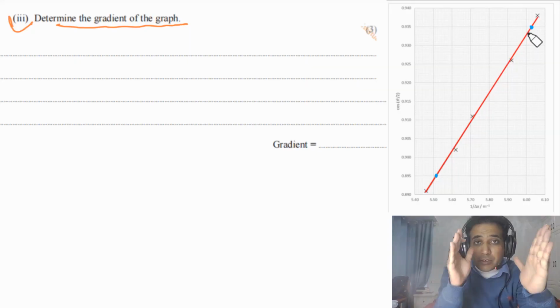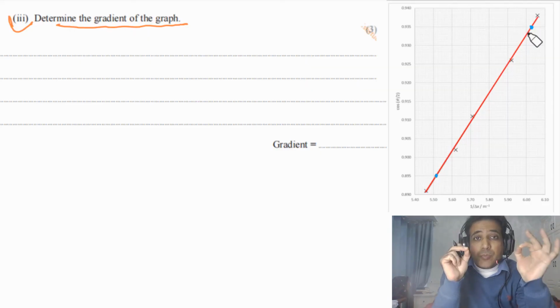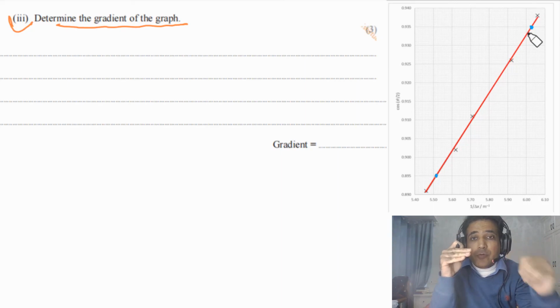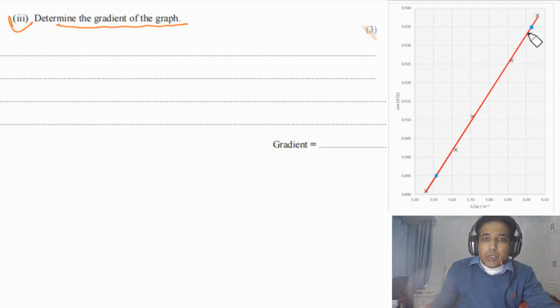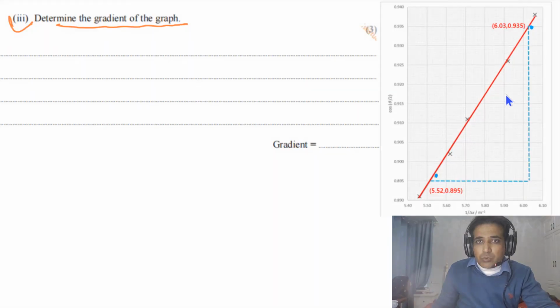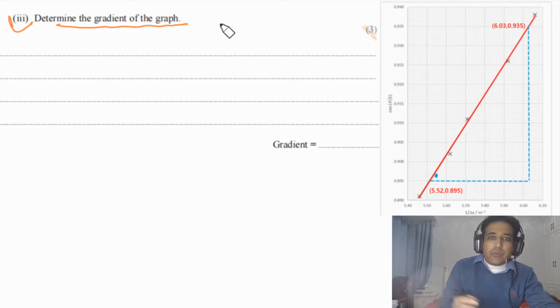These 2 points have to be far away from each other, or simply we can say the distance between these 2 points has to be more than half of the length of this line. It's a very important point. Don't take these 2 points close to each other. Now we can draw the triangle. Let me show you how you can draw the triangle. So this is how we can draw this triangle, and now we can calculate the gradient.